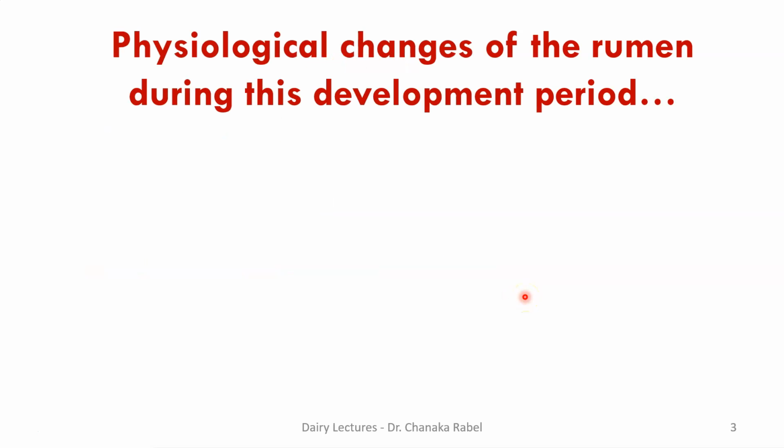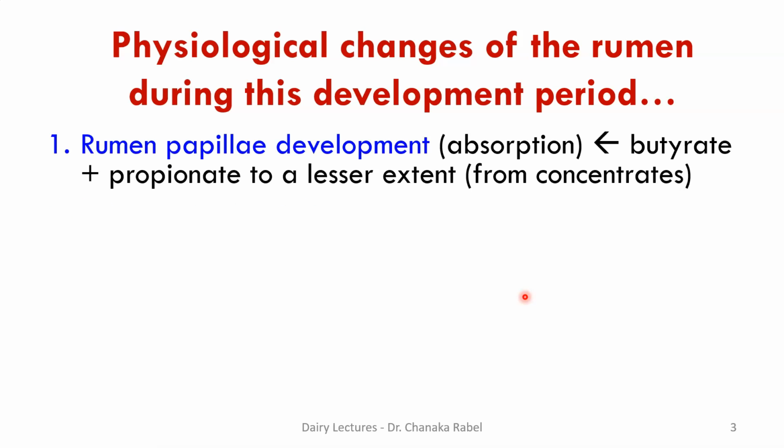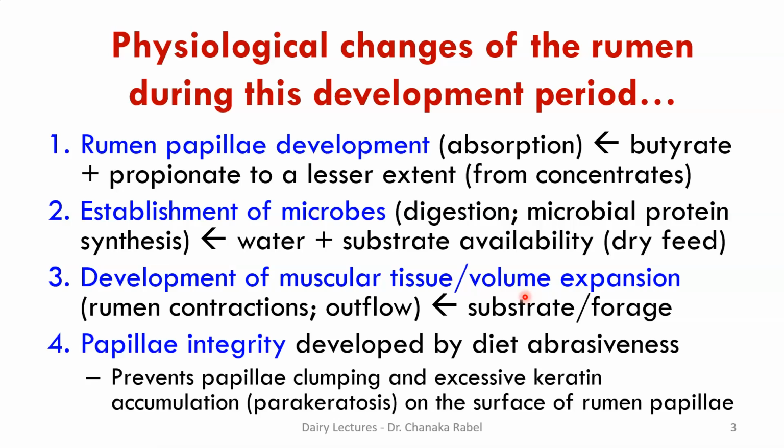With regard to this transition, we talked about 4 aspects: rumen papillary development, establishment of microbes, development of muscular tissue, and papillary integrity. I went into details about papillary development, when it starts, and the volatile fatty acids that affect that. Today we'll talk about establishment of microbes a little bit in detail.